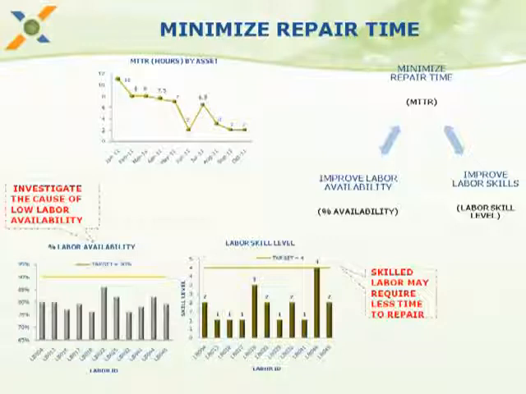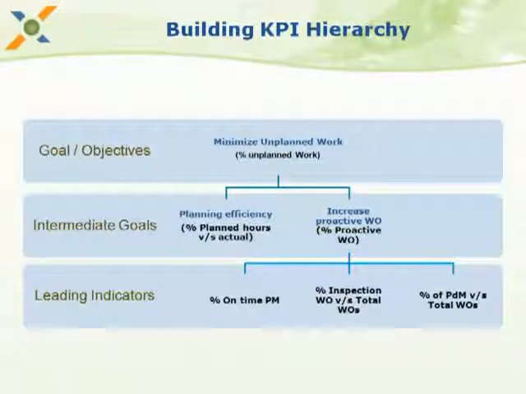Another example is, let's take minimize unplanned work. The intermediate goal could be to look at planning efficiency and increasing proactive work orders. Some are leading indicators and some are lagging indicators.